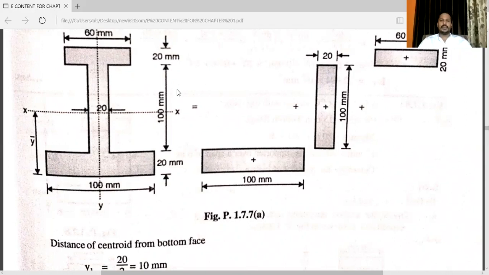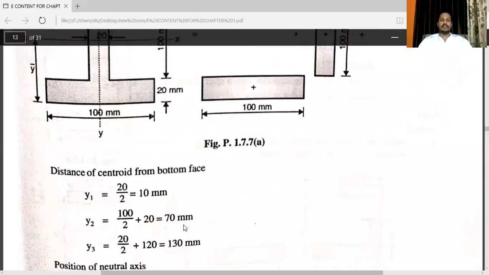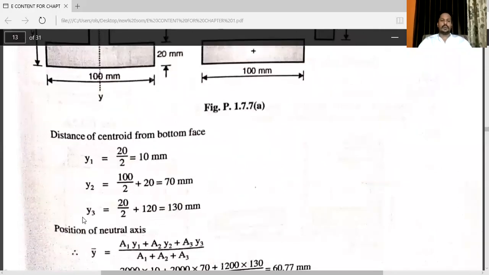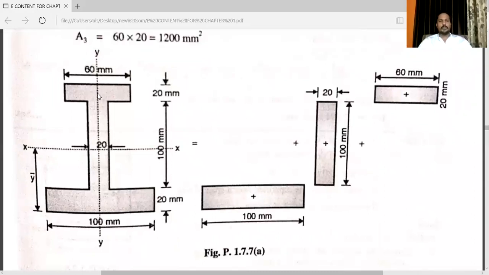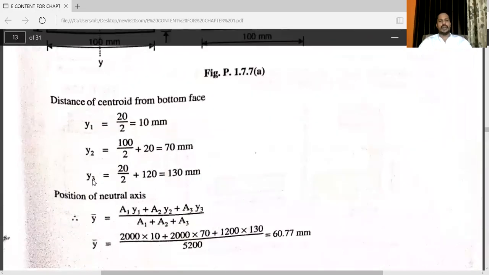So 20 plus 100 by 2, and the answer will be 70 mm. Similarly, for y3, this 20 plus this 100 is 120, and the centroid point of the third rectangle will be here. So 120 plus 20 by 2, and you can see y3 is equal to 130 mm.